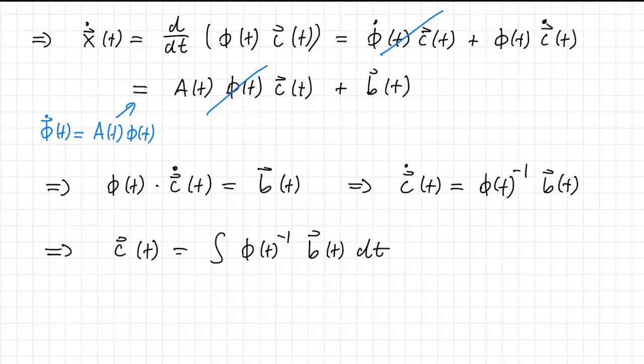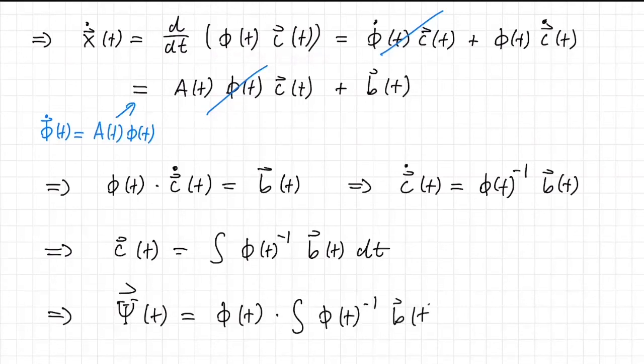So, if we now plug this expression for c of t into our ansatz, which was, as shown here, this matrix phi of t times c of t, we find that one solution to the inhomogeneous problem is given by phi of t times the integral of phi of t to the minus 1 times b of t dt. So just notice, here is phi of t times phi of t to the minus 1. Those, of course, don't cancel because there's the integral in between. But this is a very compact expression for finding a solution of the inhomogeneous equation.